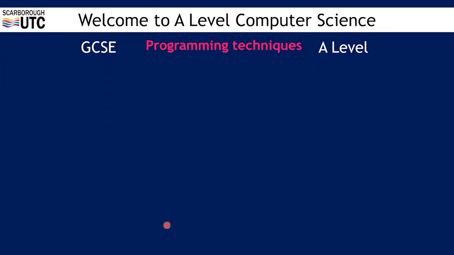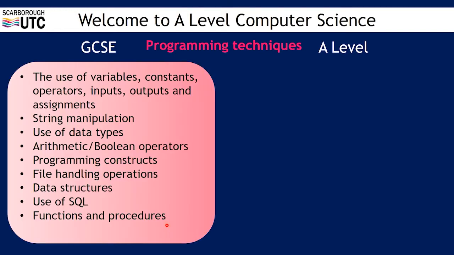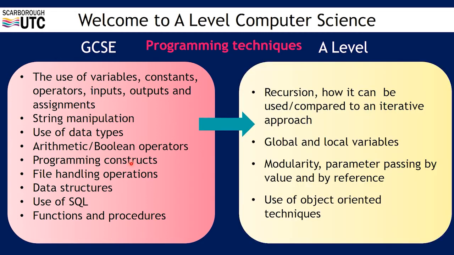Okay, so the final one is the difference between GCSE and A-level programming techniques. In GCSE, you started off in Year 10 learning about all of these programming techniques on the left. So you need to obviously know these at A-level, plus these on the right, okay? So at A-level, you need to know what recursion is, all right?